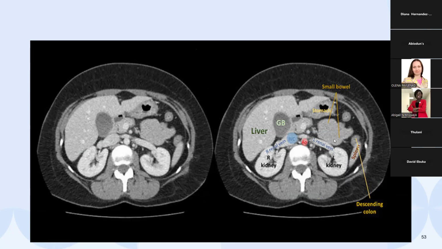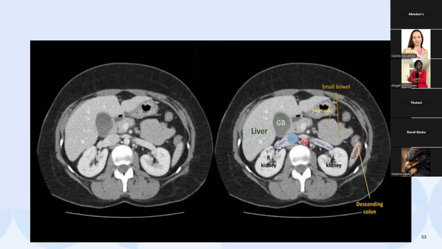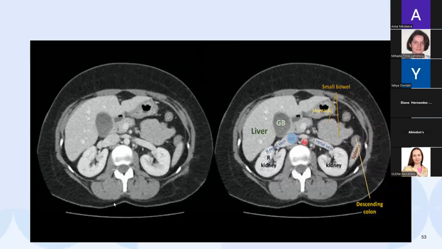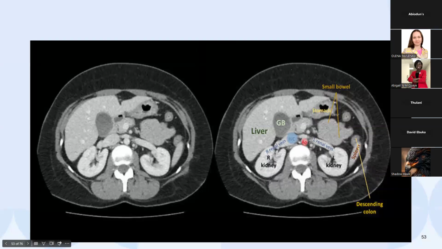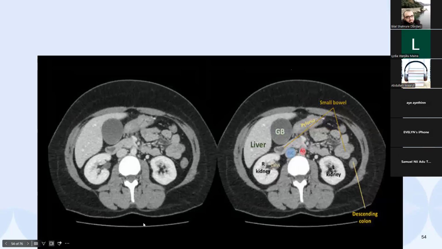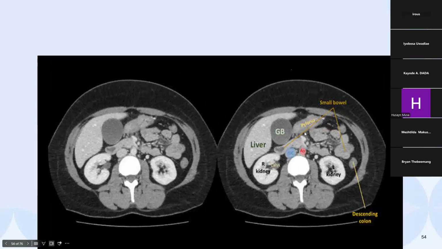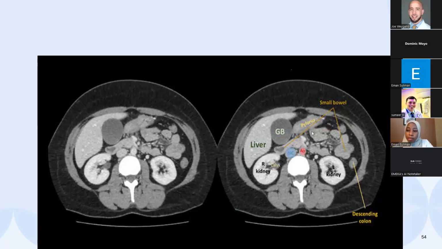Here the small bowel and the renal veins. Now we're going down. Here the pylorus of the stomach, the small bowel, and here is the descending colon on the left side. The ascending colon cannot be seen because of the liver.